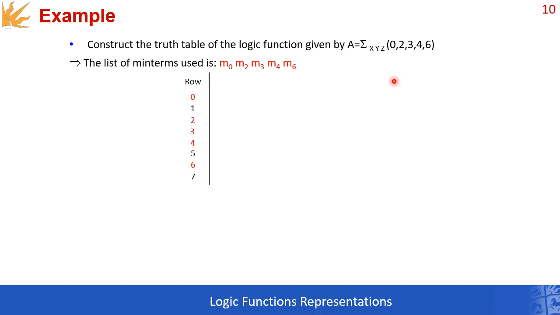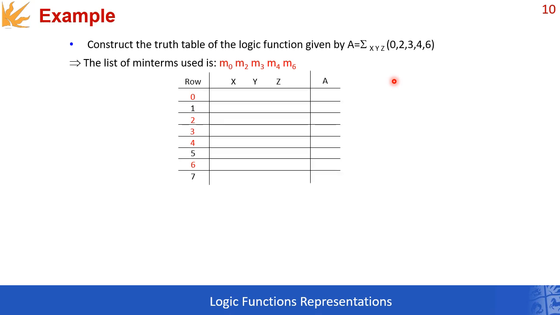The first thing you need to do is try to construct a table by identifying where the minterms will be. And they're going to be, of course, in rows 0, 2, 3, 4, and 6. Then what you do next is that you put the columns needed for all the input variables, x, y, and z, and you're going to have one column for the final result of the logic function.